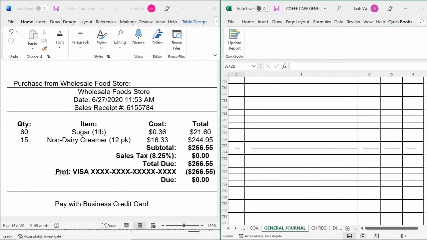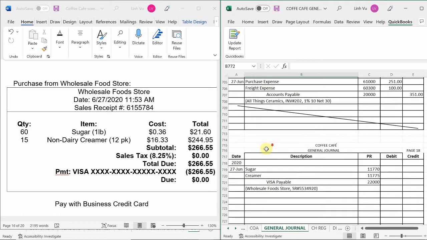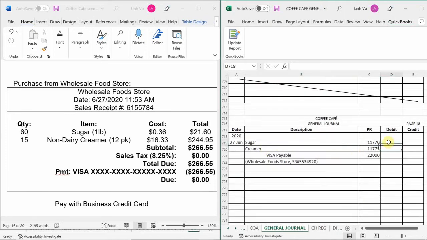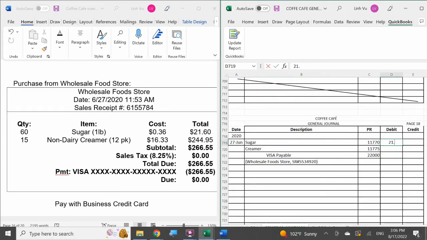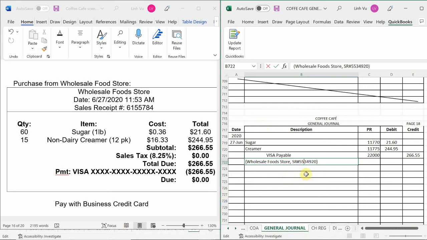Okay. And away it went. Okay, so we bought fresh sugar, we debit 21.60. Creamer is 244.95. A total of 266.55. Our sales receipt is 6155784.